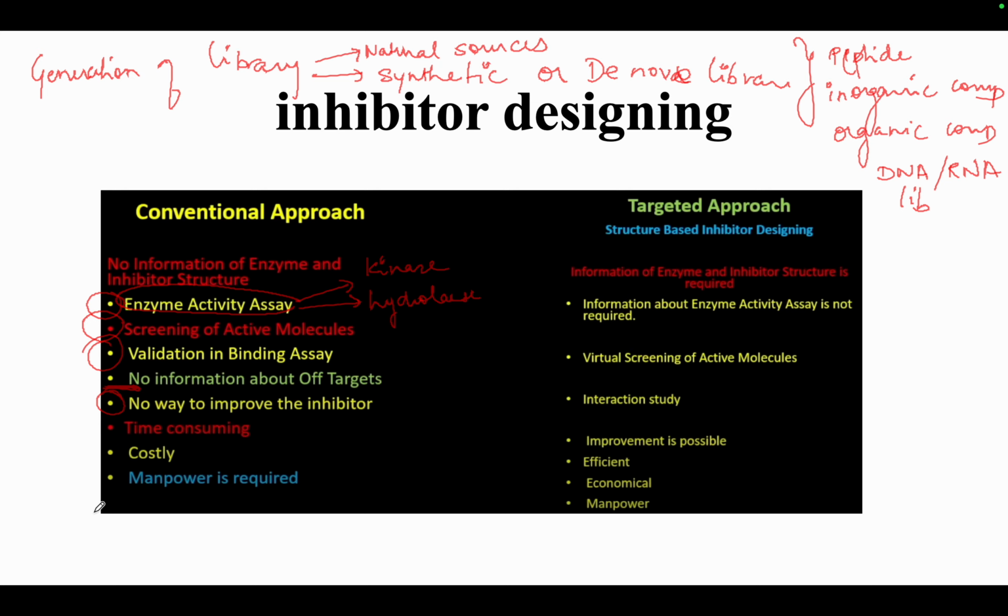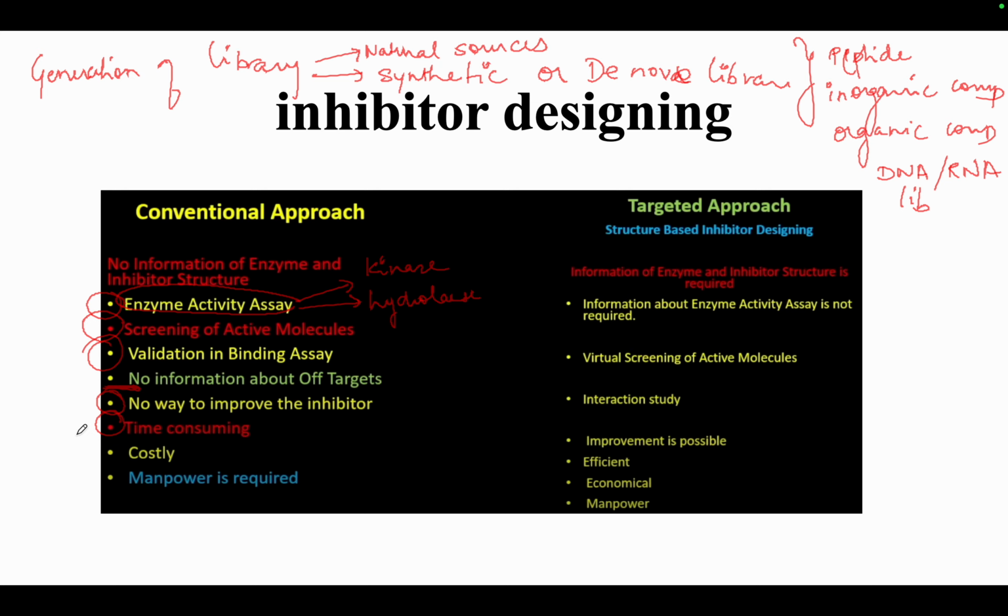After screening those peptides, there is very slight chance that we can improve that inhibitor. To improve inhibitors, we first need information about the enzyme structure. Without that, there is a very slight chance of improving the inhibitor, and it is very time consuming, because it is not simple and requires many different experiments and assays.